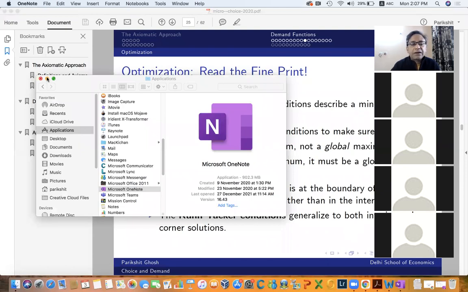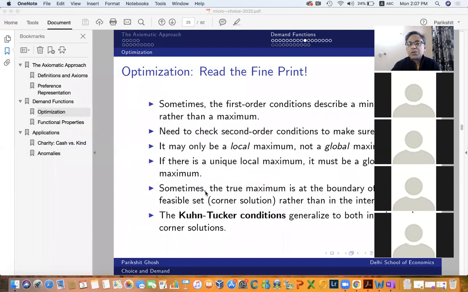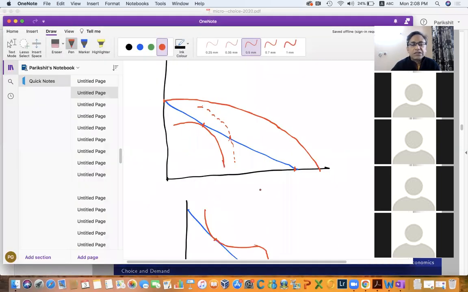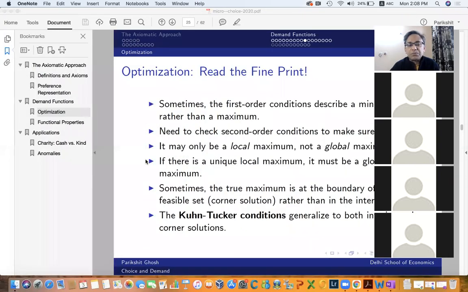And finally, there are sometimes corner solutions. In one of the examples I just talked about, corner solutions. And when you have corner solutions, the corner solutions still have to satisfy some optimality conditions. But those optimality conditions will involve inequalities, not equalities. I'll talk more about that in a moment.